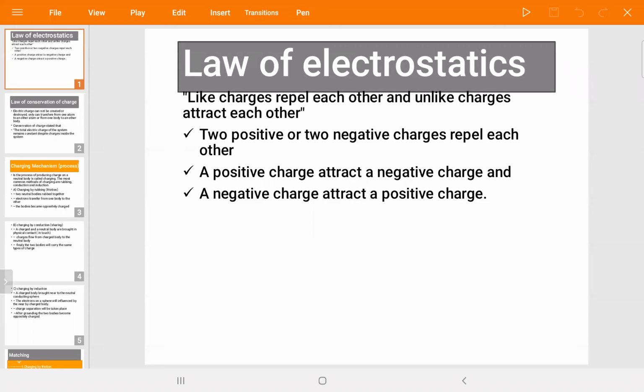Since the number of electrons and the number of protons are equal, an atom under normal condition is said to be neutral. Even though it possesses charges, it is said to be neutral because the two charges are equal in magnitude but opposite in sign, so they cancel each other. As a result, the atom remains neutral.